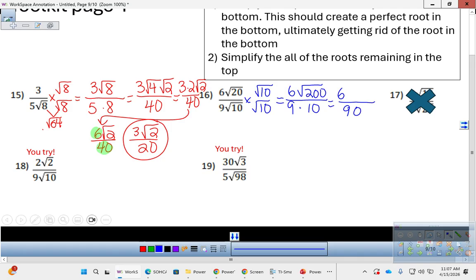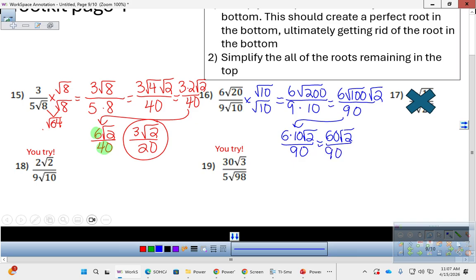The next number on the list is 100. 100 is a perfect square, so I'm going to do 100 and 2, splitting up the 200. So this becomes 6 times 10 root 2 over 90, or 60 root 2 over 90.